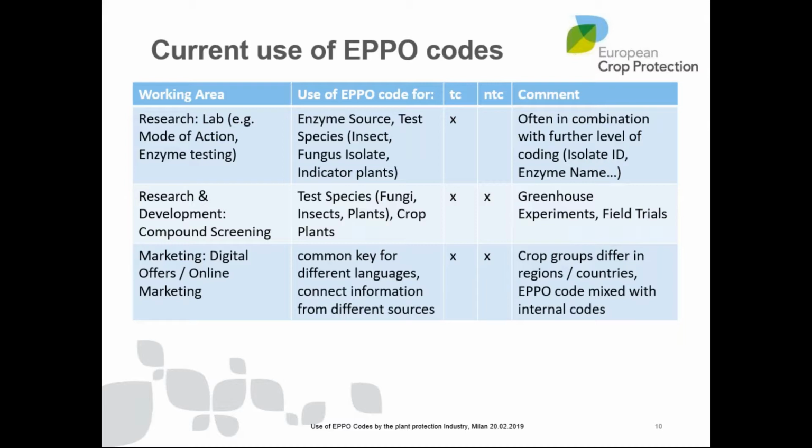So when they have different languages, different groupings from different countries, they try to go back to the species level where it is quite easy to apply the EPPO code, and so they have a kind of connector for digital offers and online marketing.